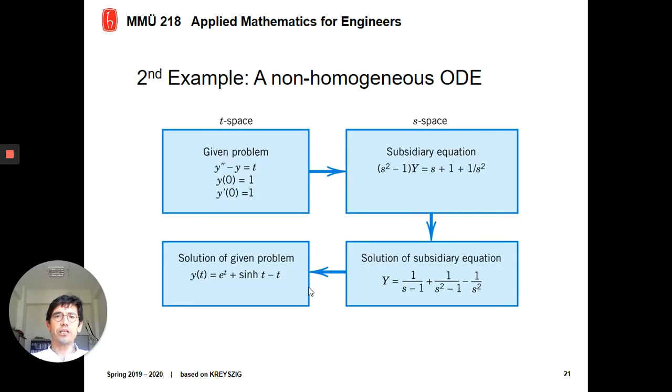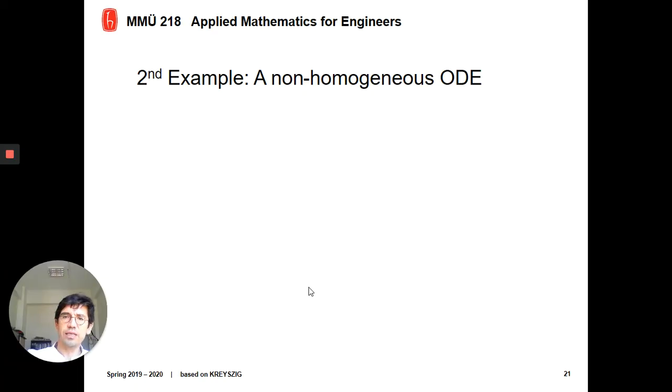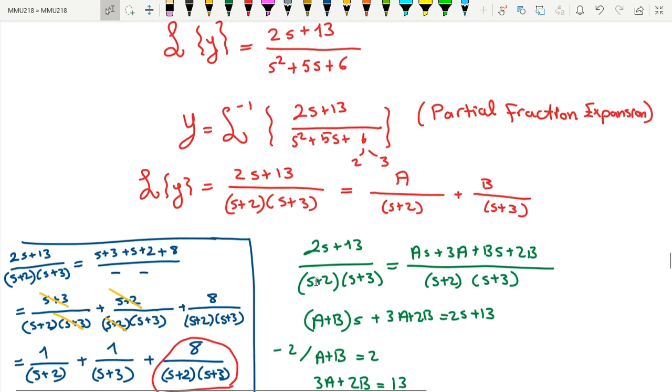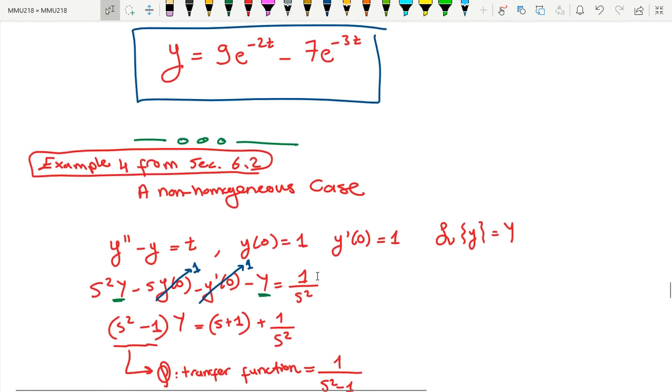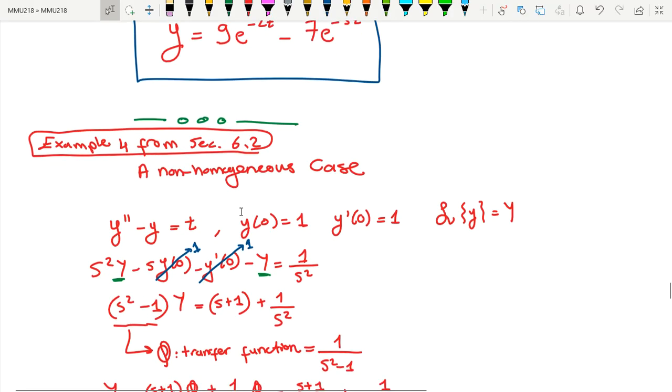How about a non-homogeneous ODE? Let's give an example to that. So I have picked up an example from your book. It's appearing in section 6.2, example 4. It's a non-homogeneous case. How come?